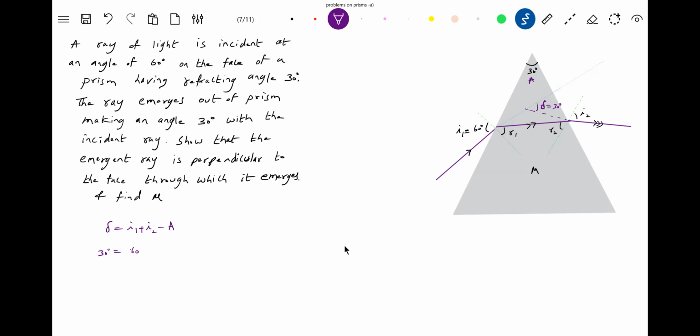I1 is 60, I2 we don't know. Angle of prism, refracting angle, is 30 degrees.